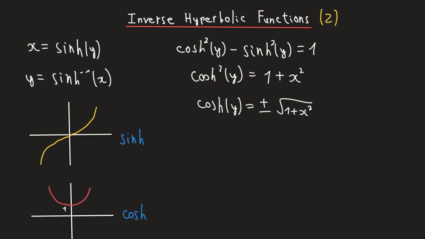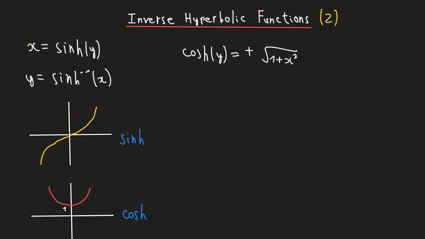However, cosh of y, if we remember its graph, goes from 1 to plus infinity, which means that cosh of y always spits out a value that is greater or equal to 1, and therefore it is always positive. So we cannot have a minus sign over here, even though we took the square root. This means that cosh of y is the square root of 1 plus x squared, and it cannot be the negative of the square root of 1 plus x squared.